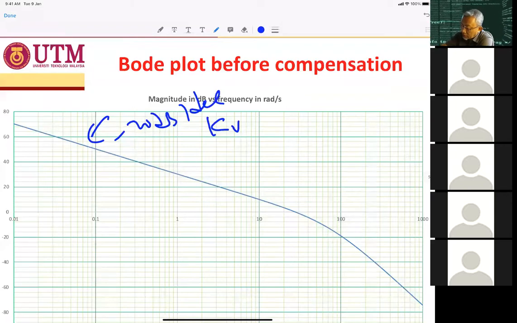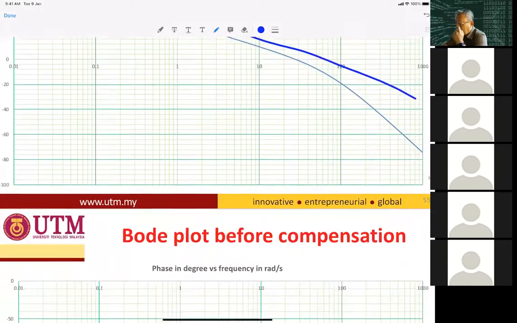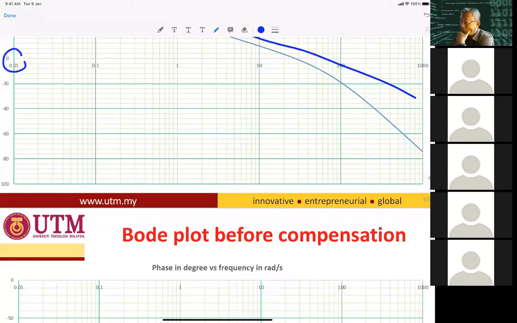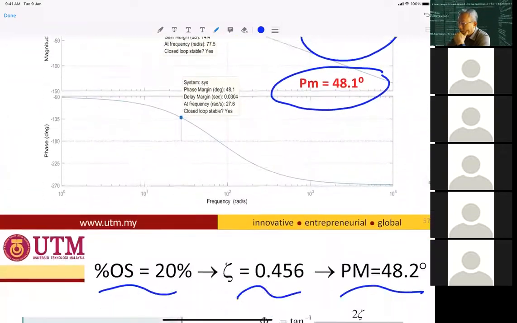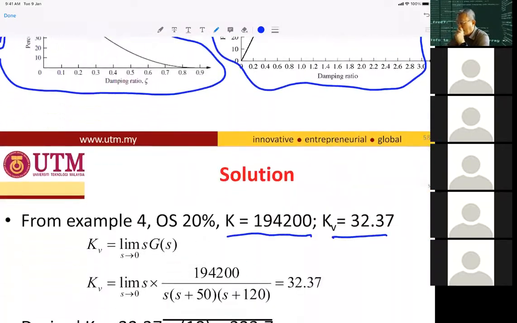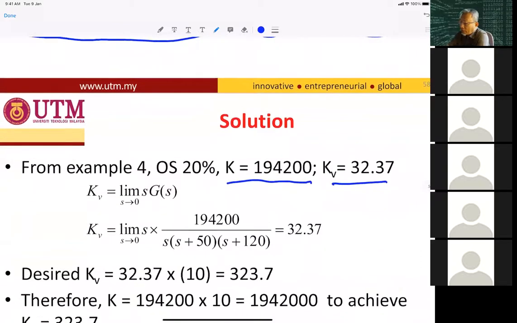So you just use a ruler, and where it cuts at 0 decibels, the value is 32.37. You can get it from the formula and from the plot.